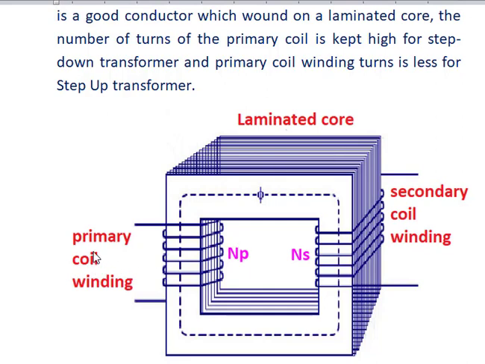Here a primary coil is wound on this limb. The secondary coil is wound on the other limb. These laminated cores are insulated by some insulating material. The input is given here, the output is taken here. Np is the number of turns in the primary coil winding, whereas Ns is the number of turns in the secondary coil winding.